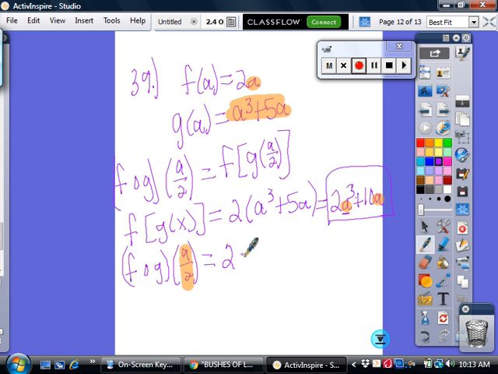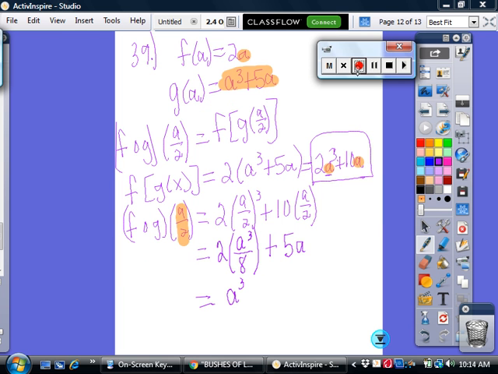So I'll have 2 times a over 2 to the 3rd power plus 10 times a over 2. Okay, simplify that for us. That's just pretty simple algebra. I know it's got fractions, but y'all can do it. Simplify.